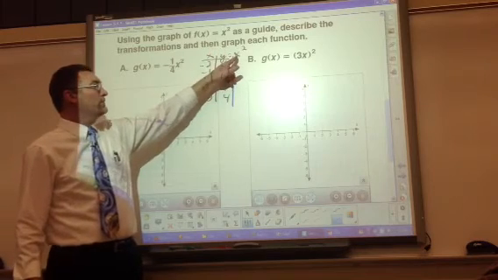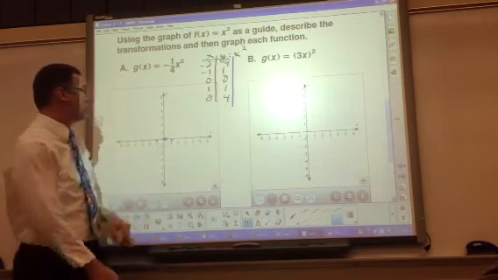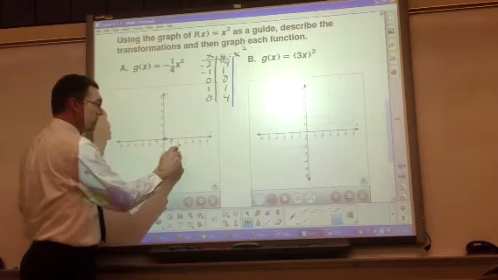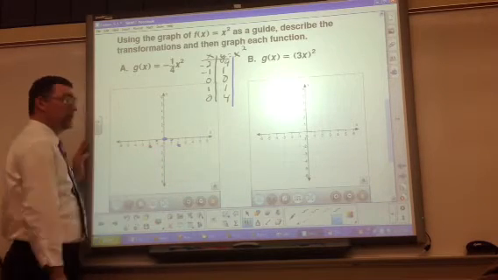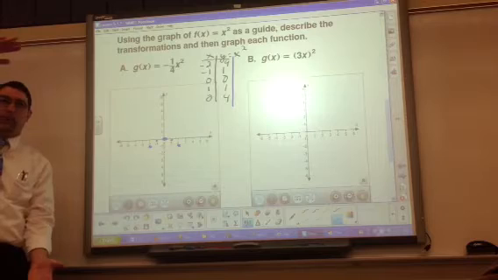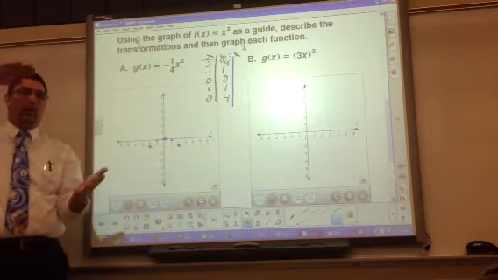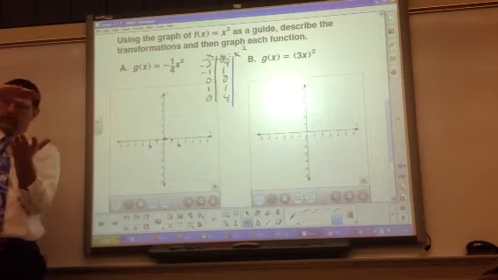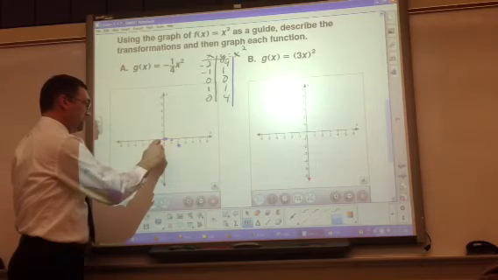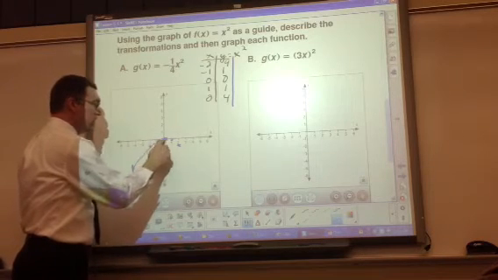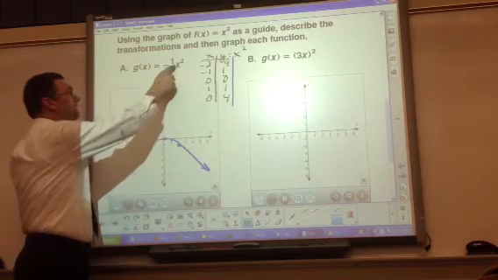So 4 times negative 1/4 is negative 1. So at 2 and at negative 2, I'm going to be at negative 1. So I've compressed it vertically, because the absolute value of this number is less than 1. And it's also going down because of the negative.